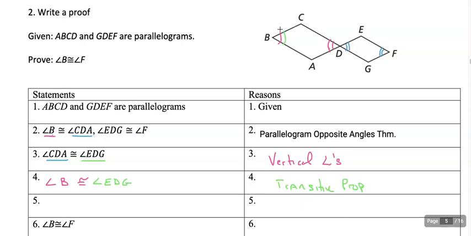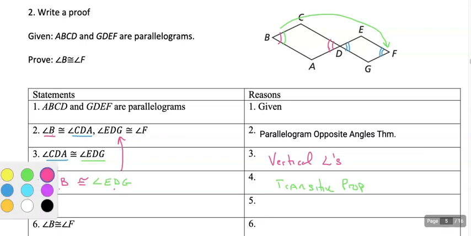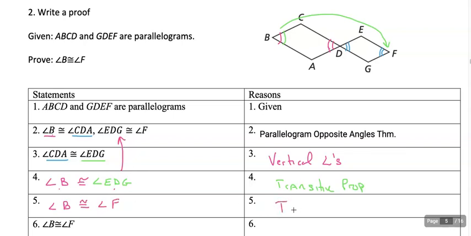Again, I'm trying to get B congruent to F, so this angle congruent to this angle. My other given says EDG is congruent to F, and B is congruent to EDG. So I'm going to use the same property again: angle B is congruent to angle F, with the transitive property again. And then I've got my proof there, check. So we could do this in 5 steps.